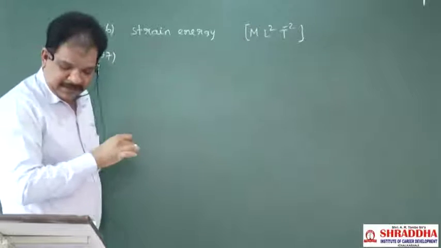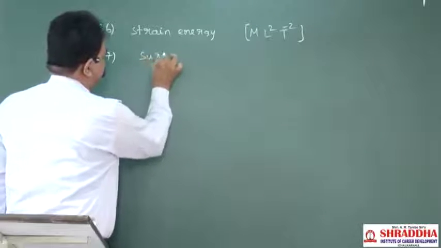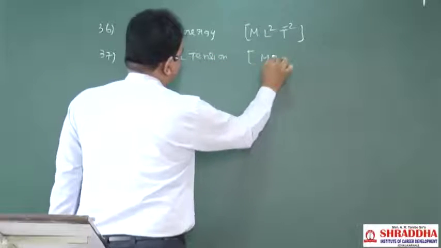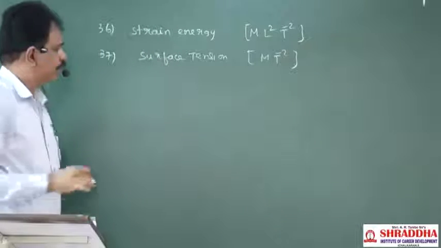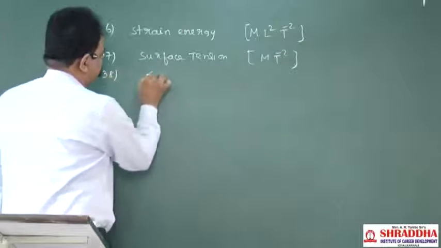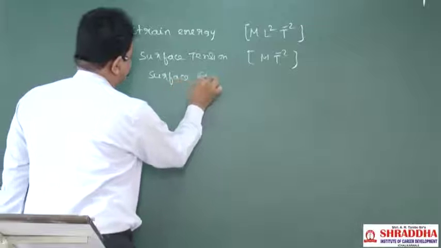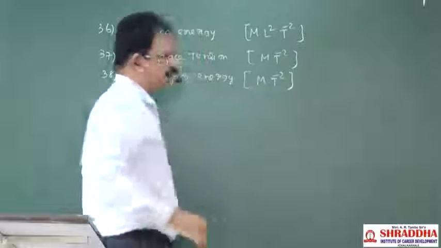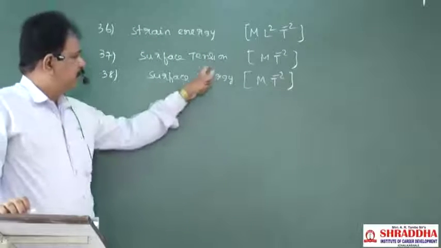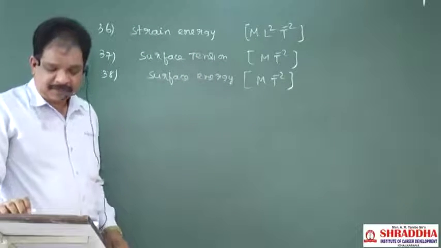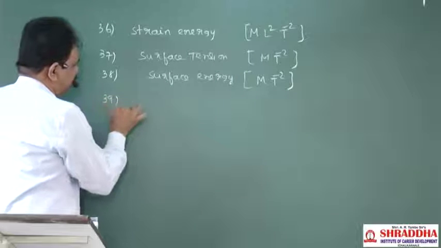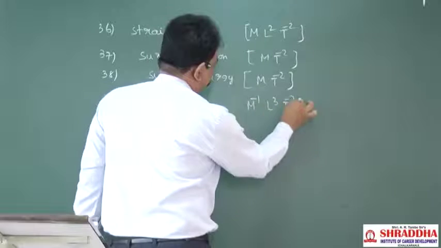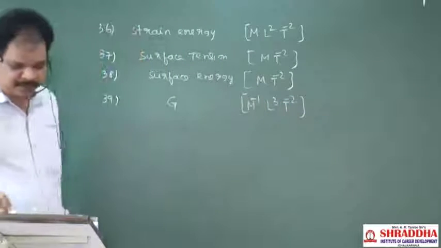After strain energy, surface tension: dimensional formula M T power minus 2. Surface energy will also have the dimensional formula of surface tension. Next, universal gravitational constant: M power minus 1 L cube T power minus 2.